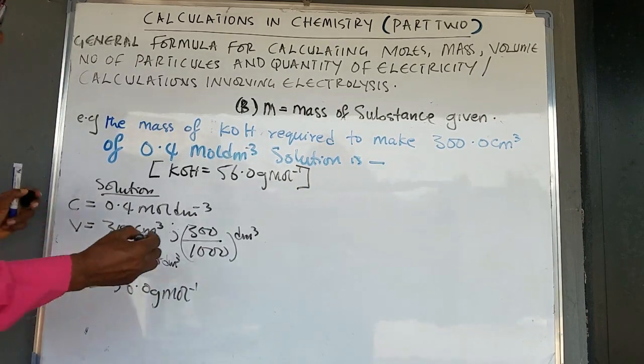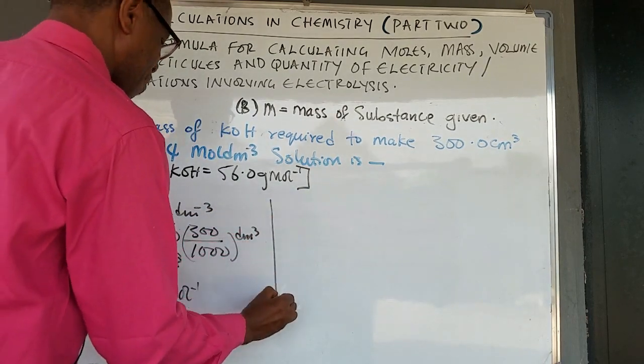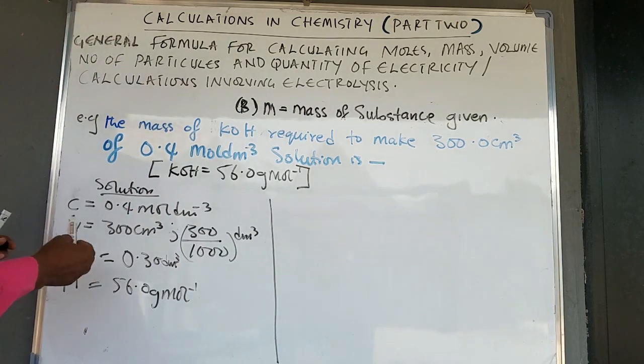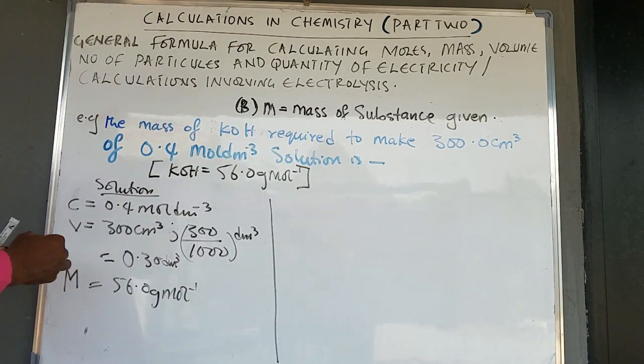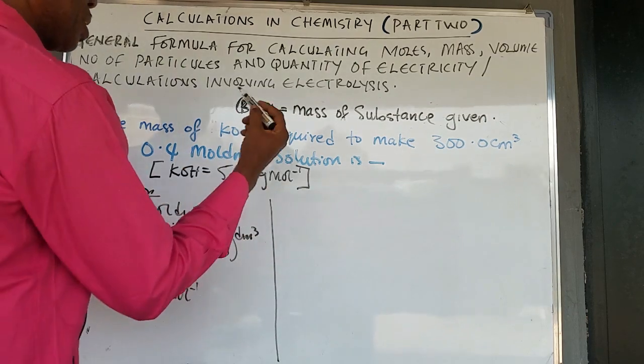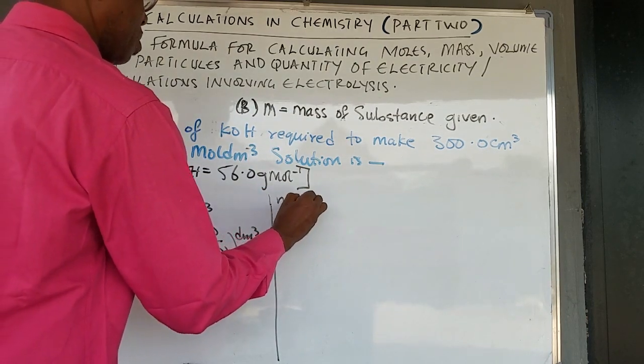Okay. Now, remember what I gave you as the formula for finding mass when you have molar concentration and volume. I told you, in the case of number of moles, just say n is equal to CV.